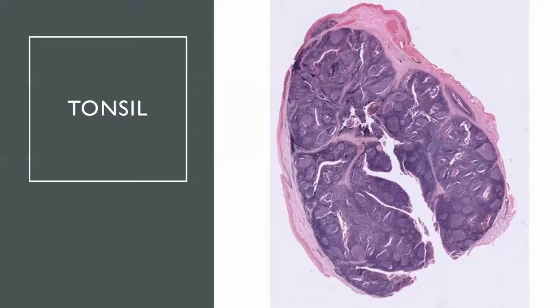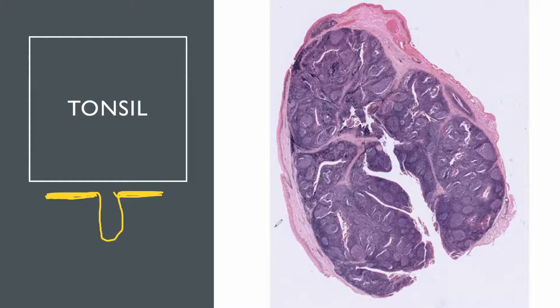If I want to draw the tonsil for you, I will draw it like this. Here you can see the epithelium, which invaginates into the organ and makes tonsillar crypt. So the yellow part is your epithelium.